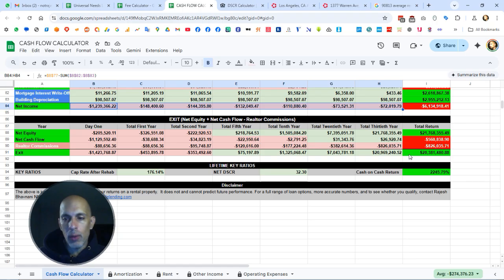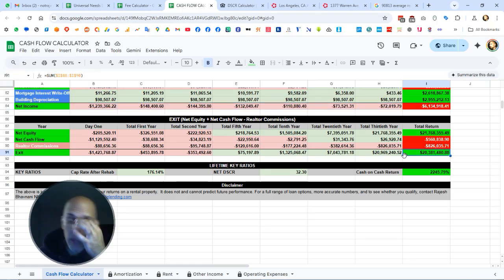And exit wise, after that 10 years, so a 40-year exit, we're looking at actually a $20 million exit, $20.38 million. So we hang on for 7.5 years plus 30 years, so 37.5 years. We hang on 7.5 years additionally after pulling out our cash.